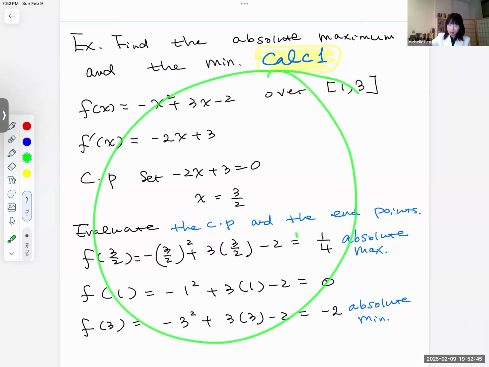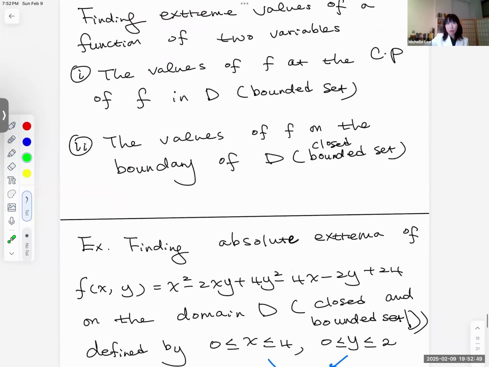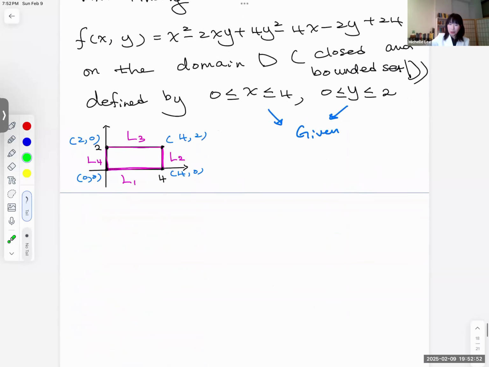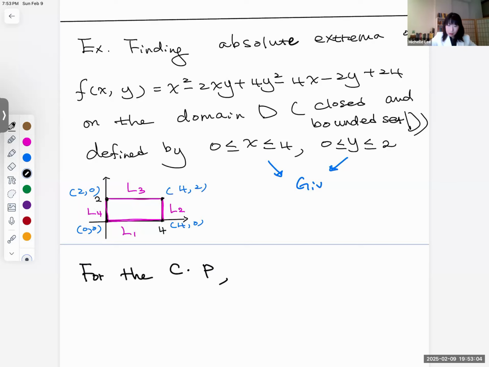So, okay, let's do it. First of all, we need to find the critical point. So, critical point. Okay, so how do you find the critical point?